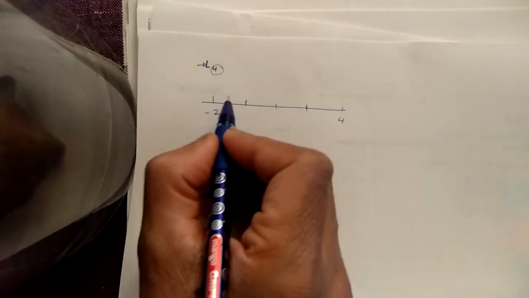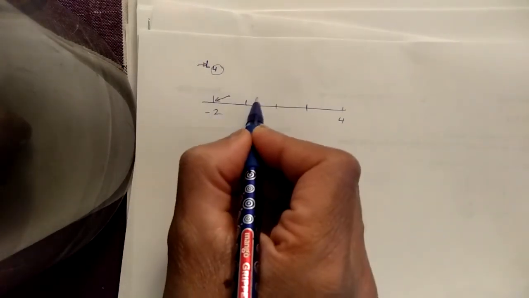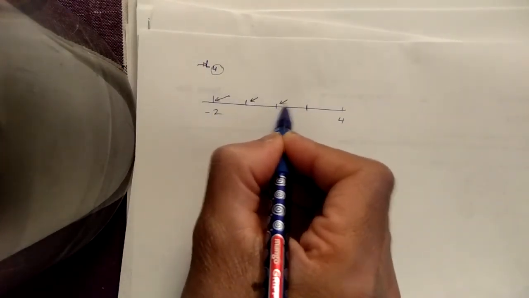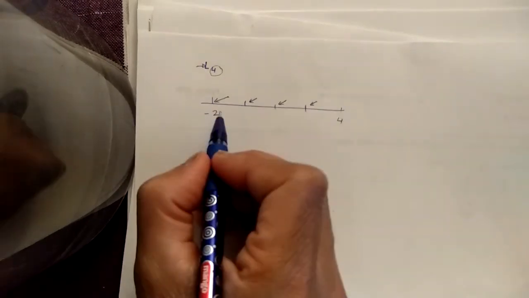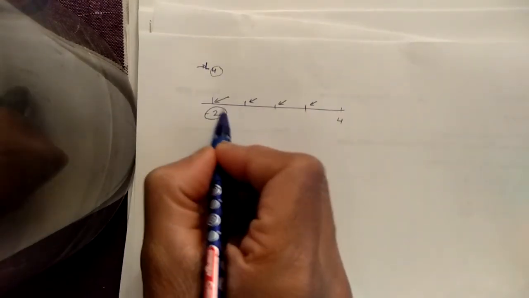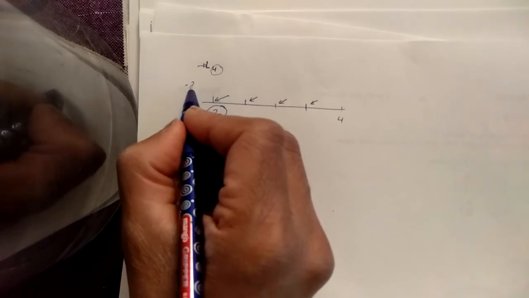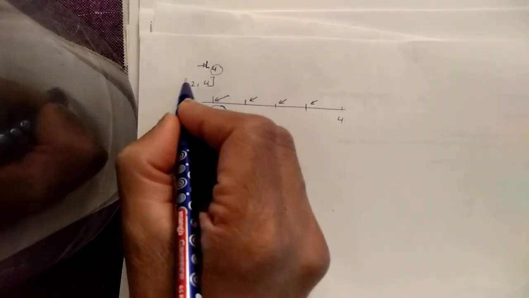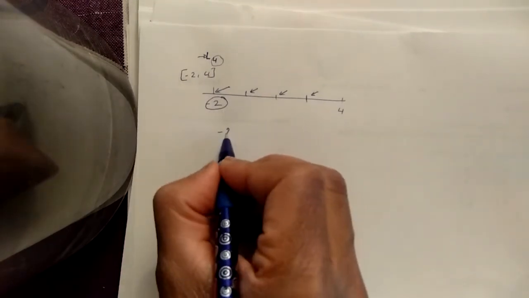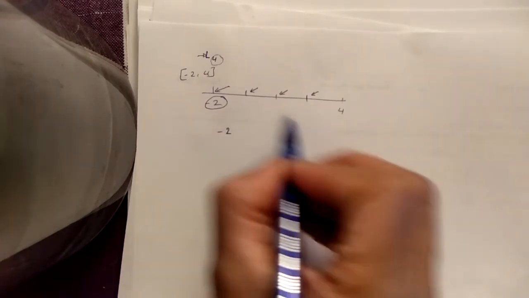Then we compute the left endpoint of each subinterval. Simply, we start with negative 2, our initial starting point, so the first will be negative 2.